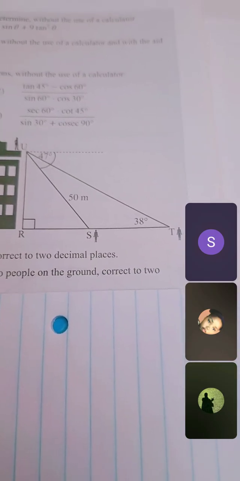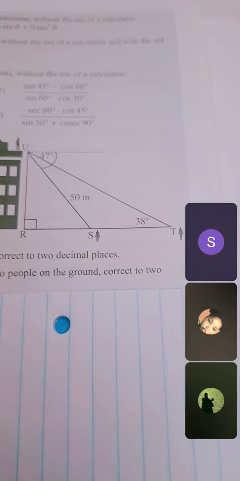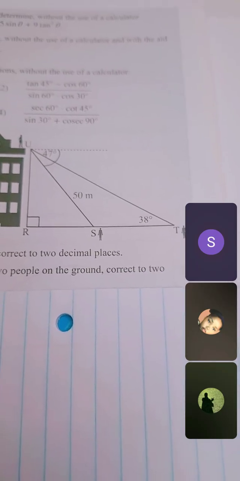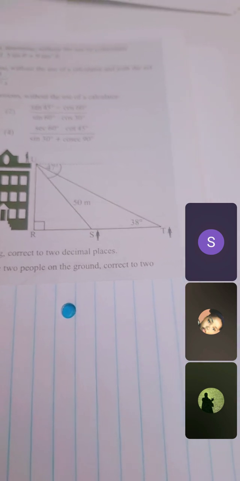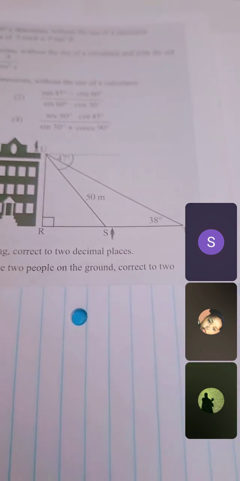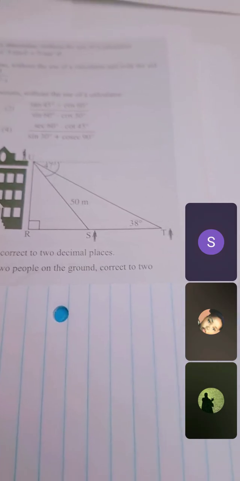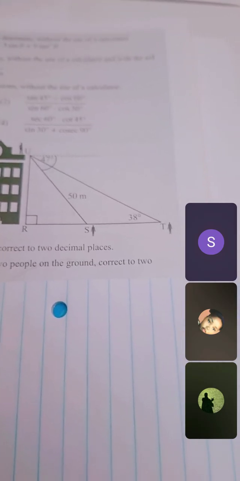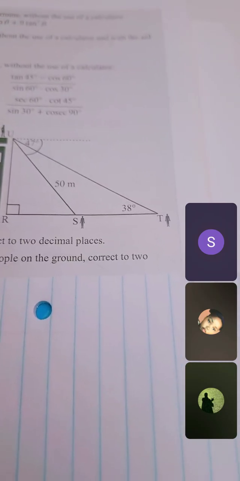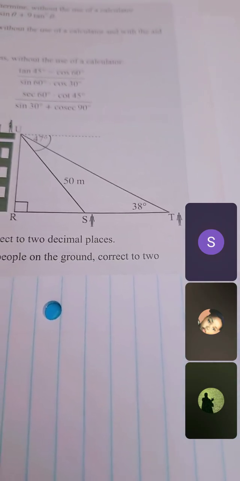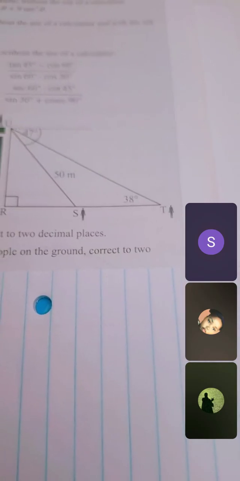I forgot the term, but the angles that are equal to each other using the letter F. They form an F shape, you mean? Yes. You mean corresponding? Which angles? Angle T and S. You say they are corresponding.